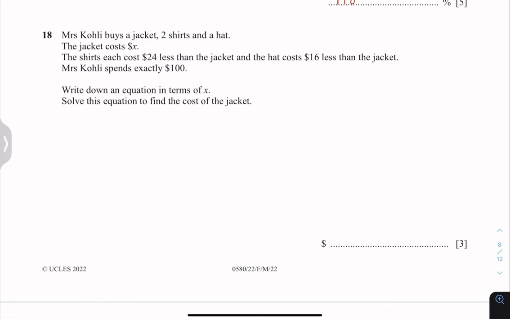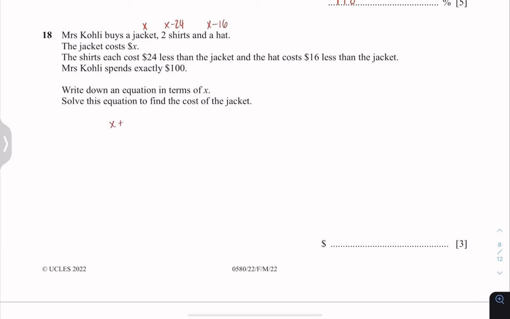So this question, the jacket is x, and since the shirt costs 24 less than the jacket, that's x minus 24, and since the hat costs 16 less than the jacket, that will be x minus 16.